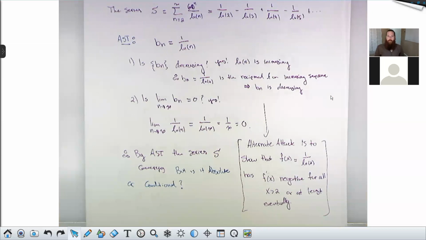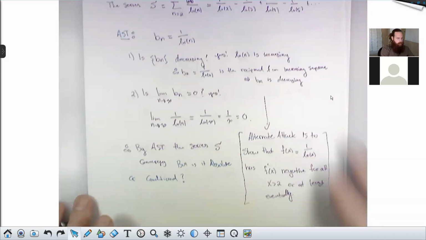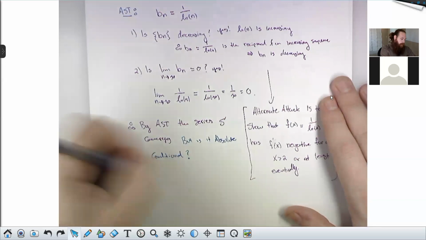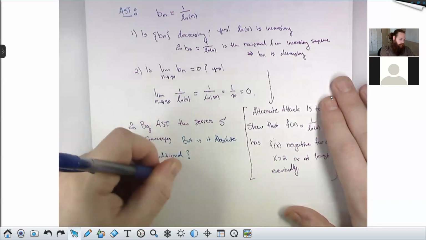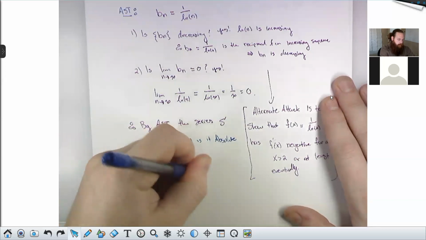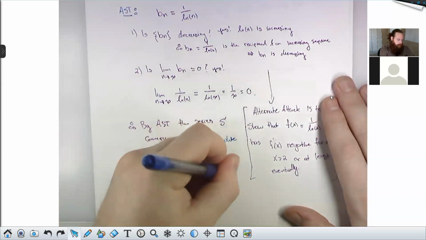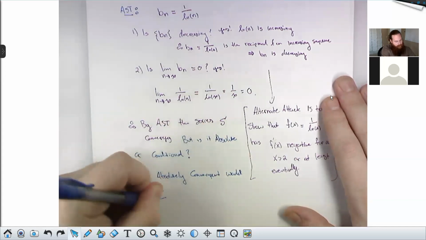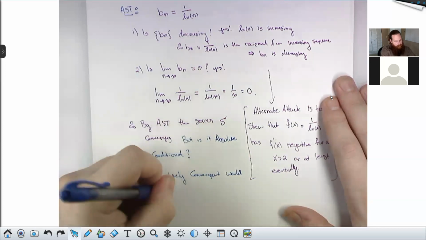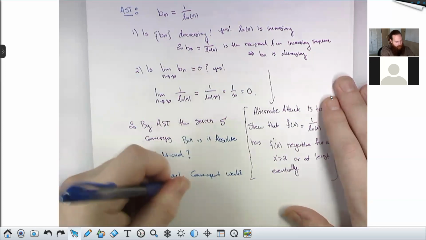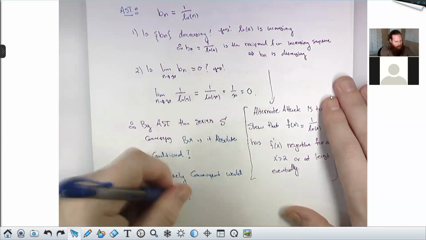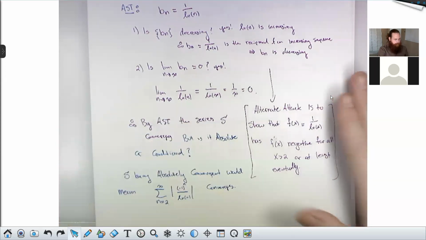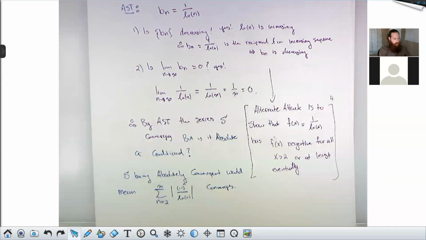Here we need the definition. So S being absolutely convergent would mean that the series I get by swapping AN for its absolute value converges. So we need to check.